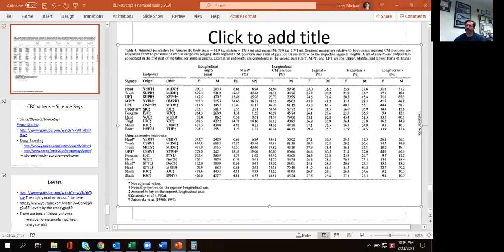Okay. So what we have here, guys, is a breakdown of effectively how you can figure out not just the center of mass, but the weight of each of the different parts of the body. So I'm going to go ahead and get you guys into your groups.